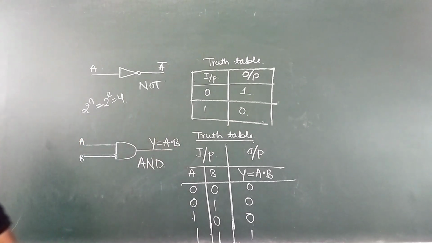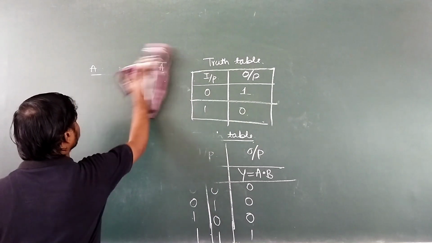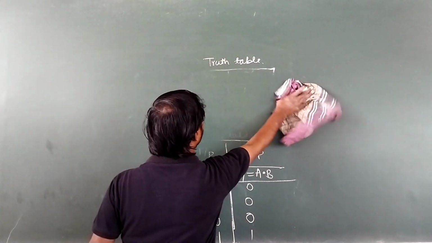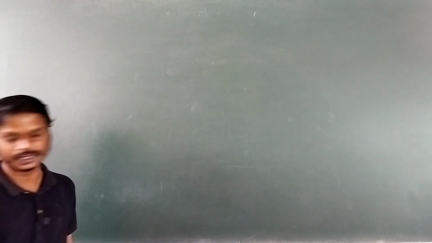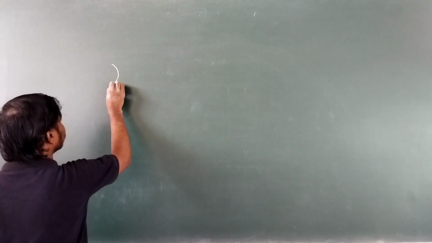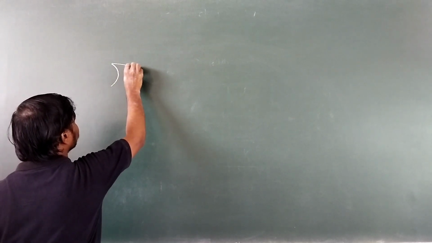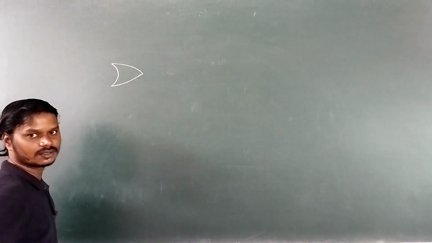Next one, OR gate. Circuit symbol for the OR gate. The base is curved and the face is arrow-shaped.